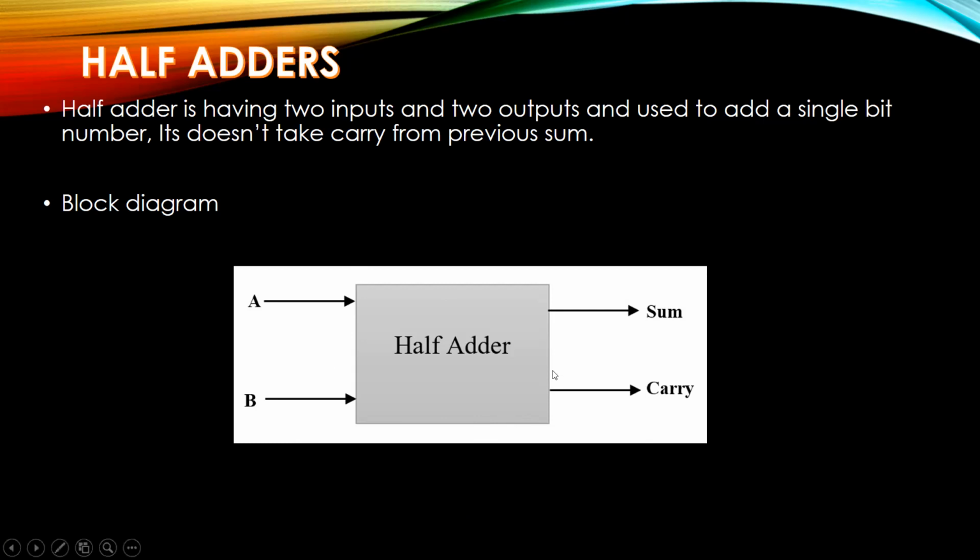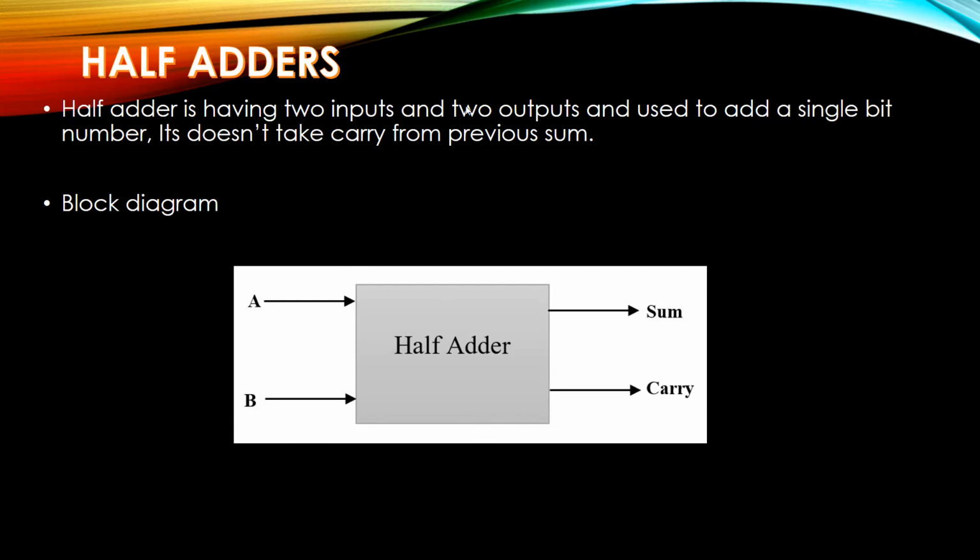What is the half adder going to add? Two single bits. What do we mean by single bits? When a number contains one digit, it is called a single bit.